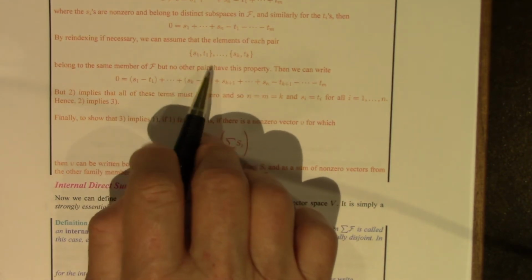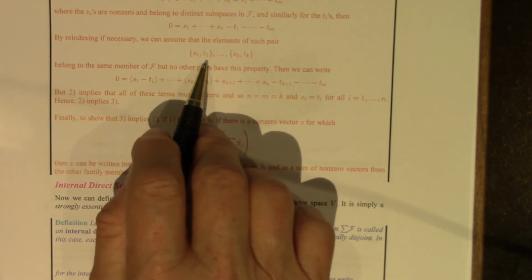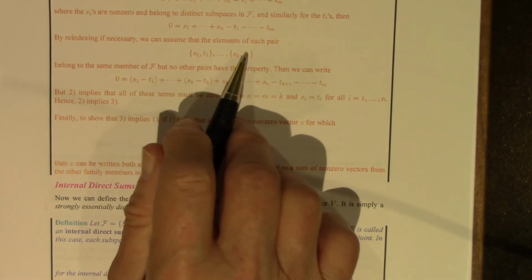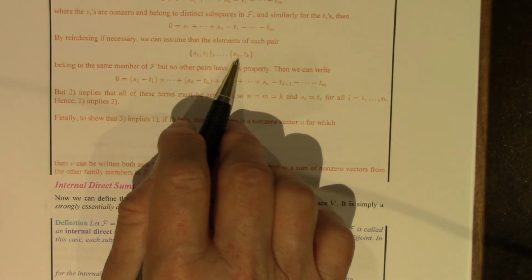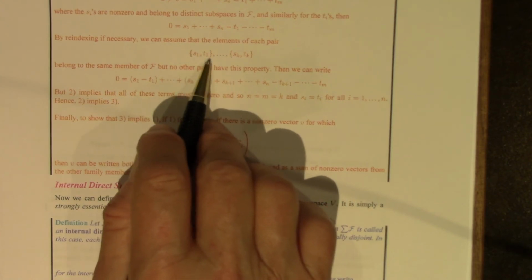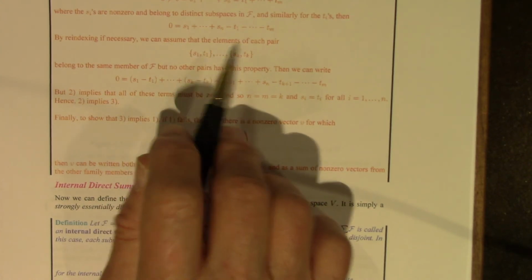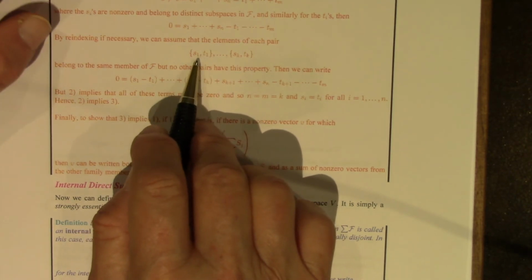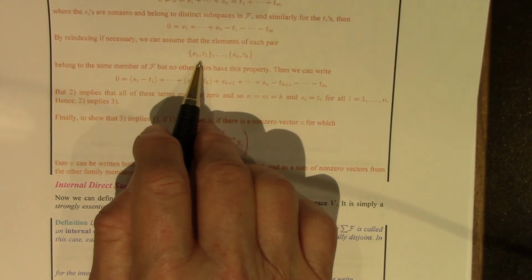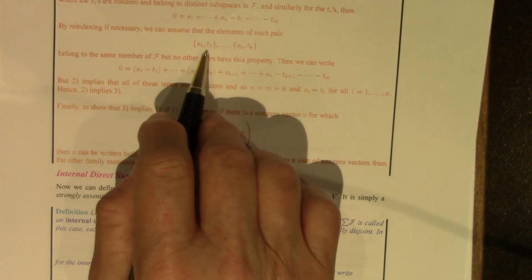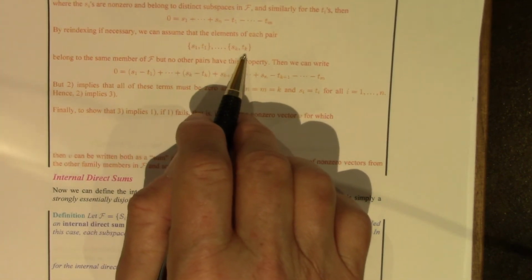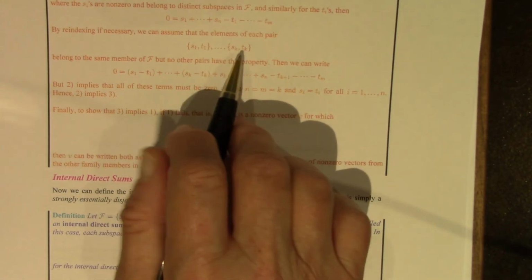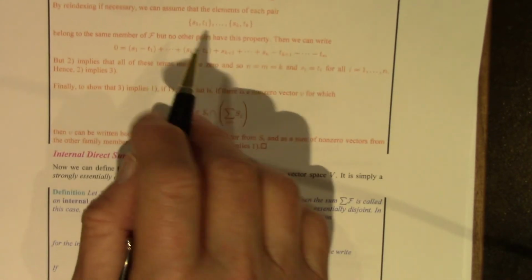So we can assume, after all this manipulation of indices, that these pairs have the property that the two elements, I'm sorry, not equal, belong to the same subspace. S1 and T1 belong to the same subspace. Sk and Tk belong to the same subspace. But no other pairs have that property.